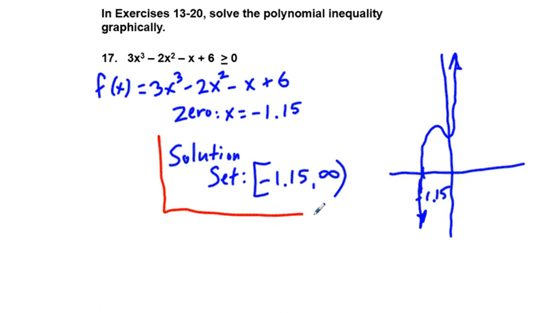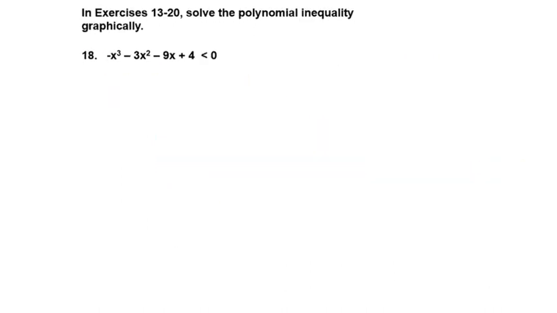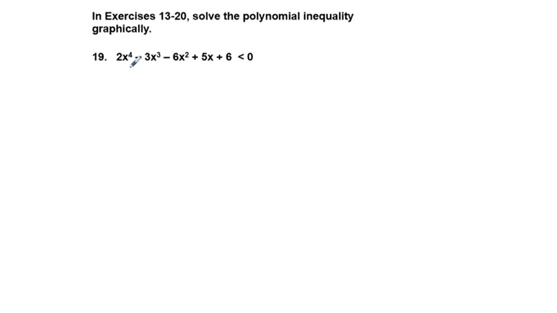Okay. And now problem 19. That's the wrong one, I want 19. 2x to the 4th minus 3x cubed minus 6x squared plus 5x plus 6 is less than 0.